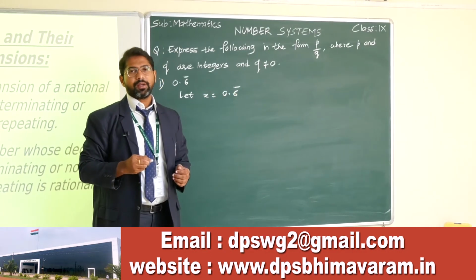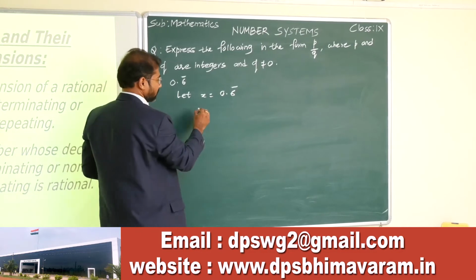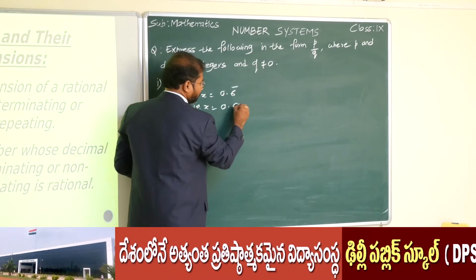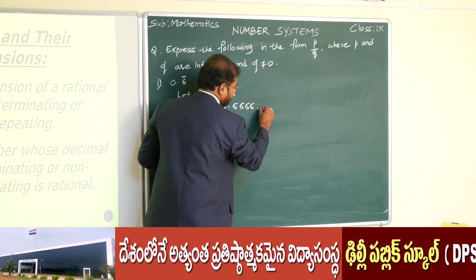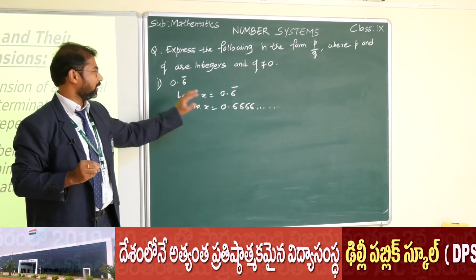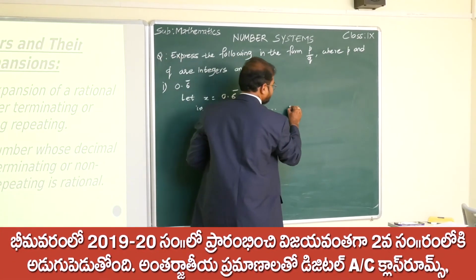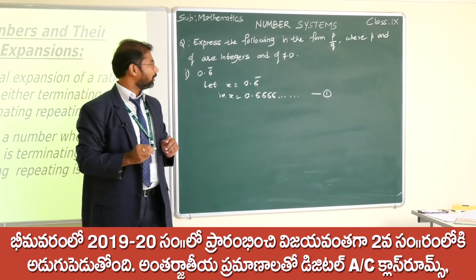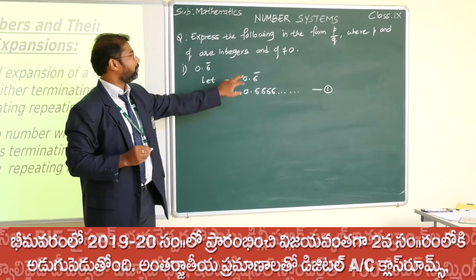0.6 bar can be written as 0.666... I hope it's clear. I will call this equation 1. Now look at the decimal part.